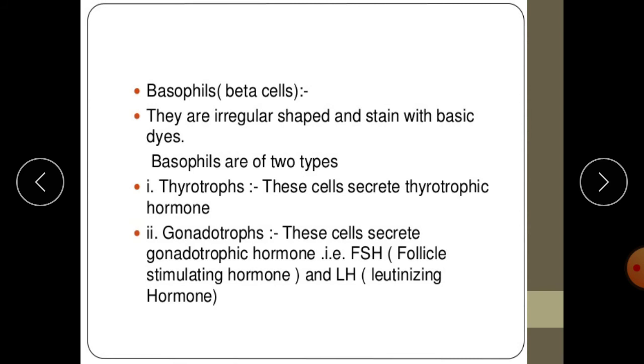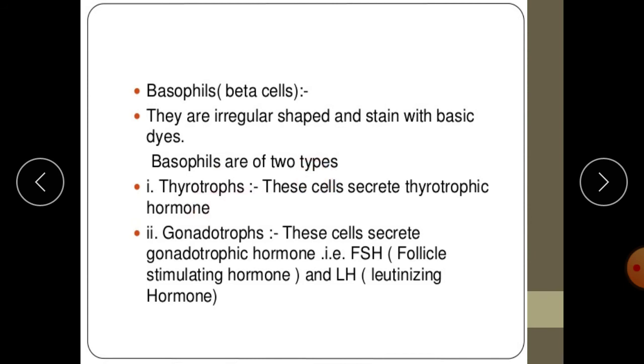So acidophils are of two types, and now let us discuss the basophils. Basophils are called beta cells, acidophils are called alpha cells. Basophils are irregularly shaped and stain with basic dyes, whereas acidophils stain with acidic dyes. Basophils are again of two types, thyrotrophs and gonadotrophs.